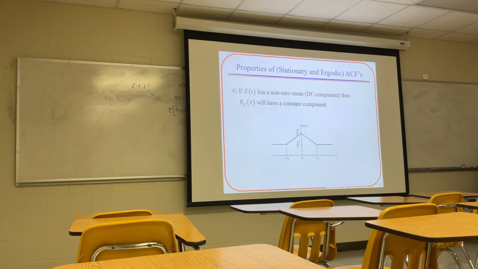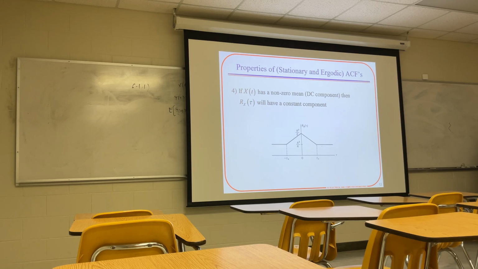Now, if it does have a DC component, no matter how far you go in tau, you're always going to have a DC component times a DC component, or you're going to get the mean value squared, and in the limit as tau goes to infinity, that is the mean value squared. It's x bar quantity squared, and he'll show you that. We'll do an example. So just mark that down.